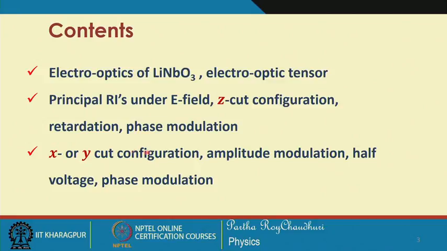In that configuration, we will see the retardation and phase modulation, and that in the longitudinal configuration no amplitude modulation is possible. Then we will look at x and y cut configurations, where the amplitude modulation is very effectively possible, and then we will look at the half voltage and the phase modulation properties.